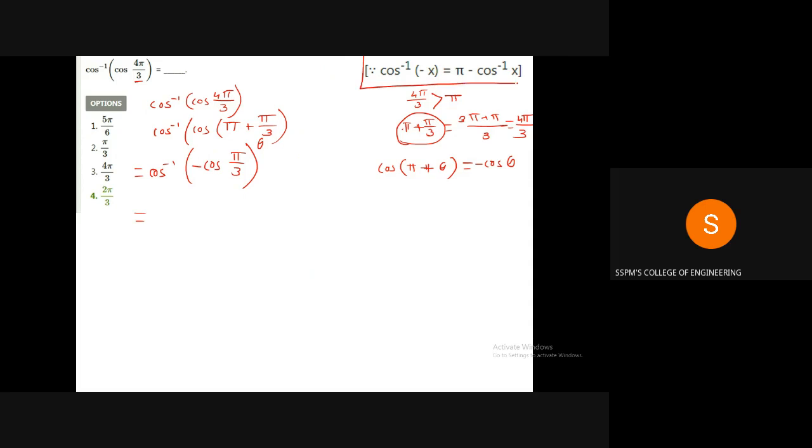This formula you have to remember: cos inverse of minus x. Suppose this is your x.